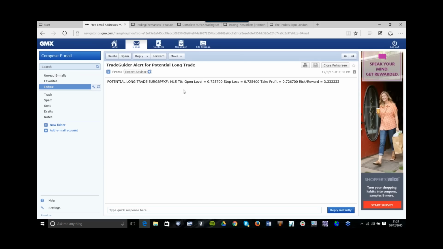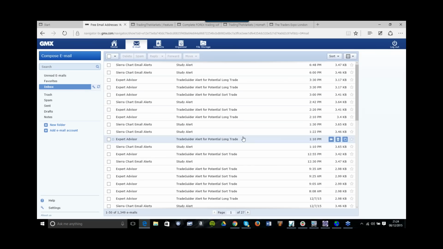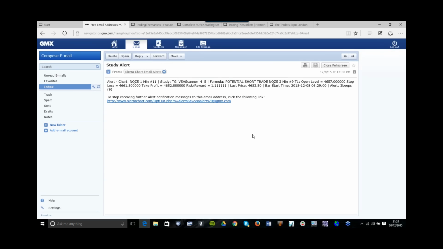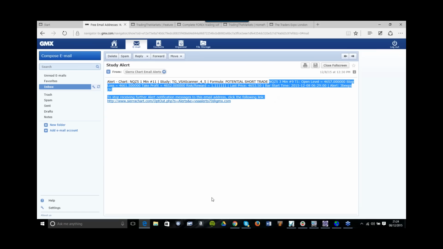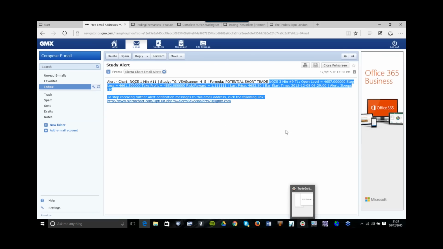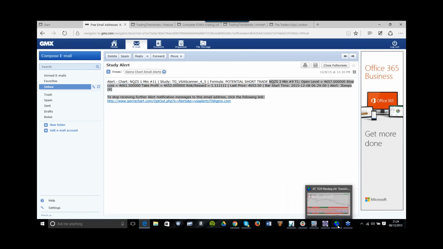So you can see here, the open level is mentioned by a number, stop loss is mentioned by a number, take profit is mentioned as a number. And I can assure you that the open level, stop loss level, and take profit level are very, very serious levels of support or resistance. And this is already proven by the tests we have run.